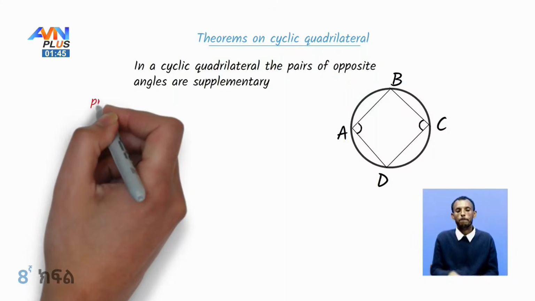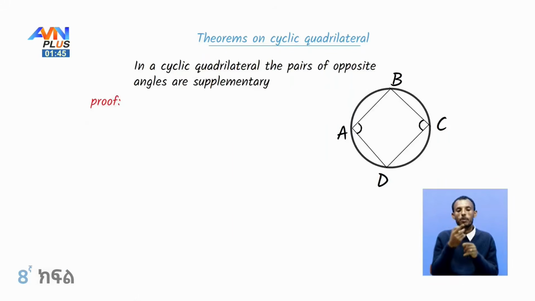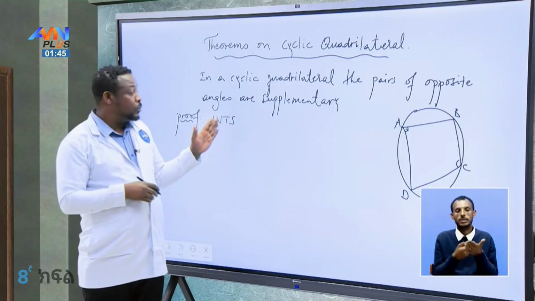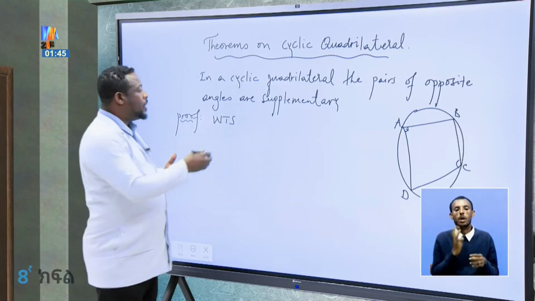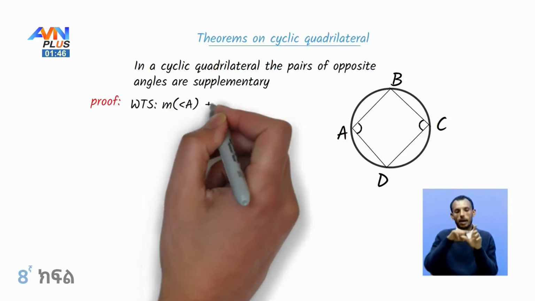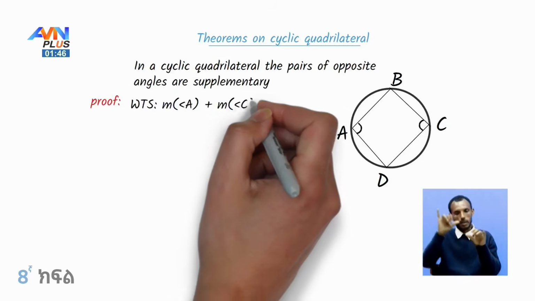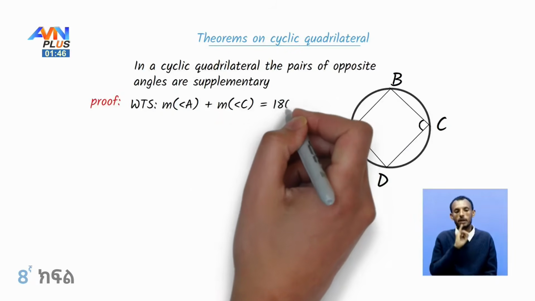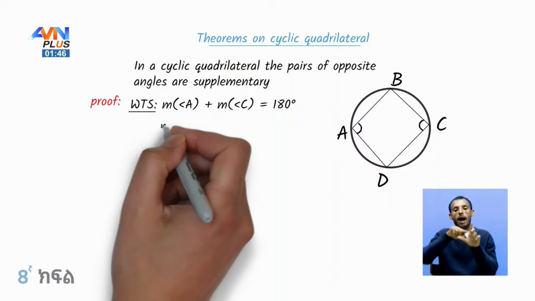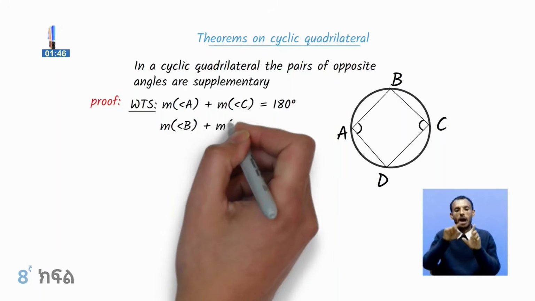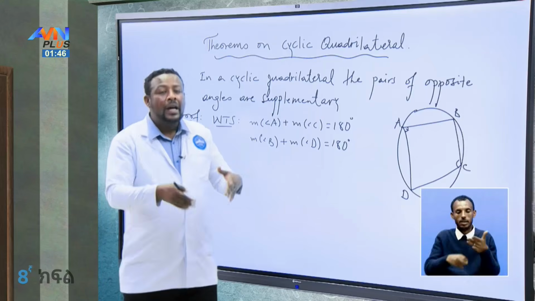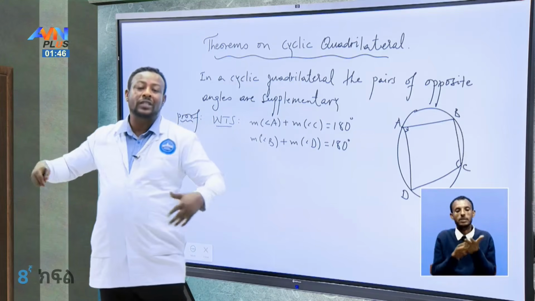In this theorem, we want to show, shortly WTS, that the degree measure of angle A plus the degree measure of angle C is 180 degrees. Similarly, the degree measure of angle B together with angle D is 180 degrees. So we will see how this result is obtained. Then based on this theorem, we will see some examples.